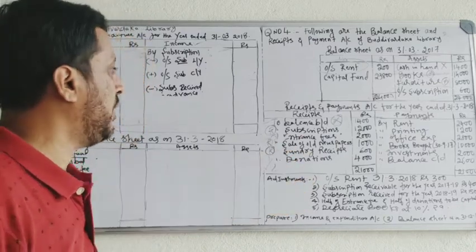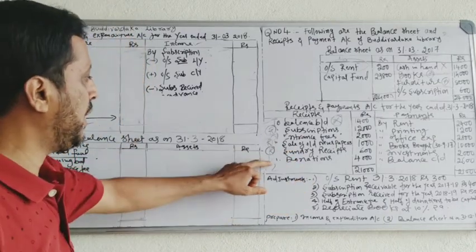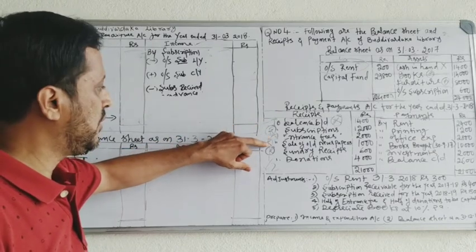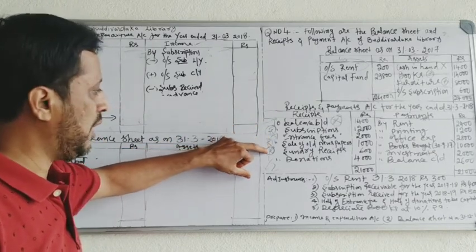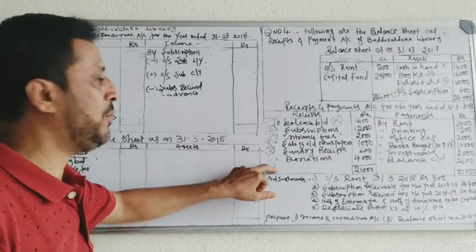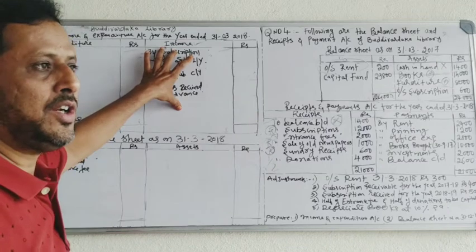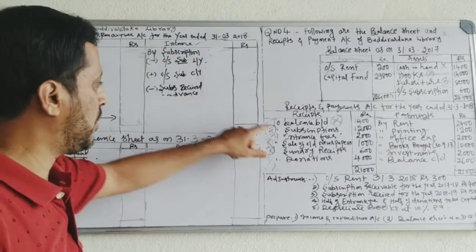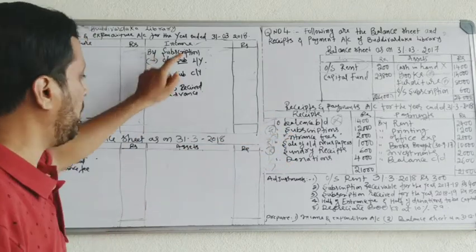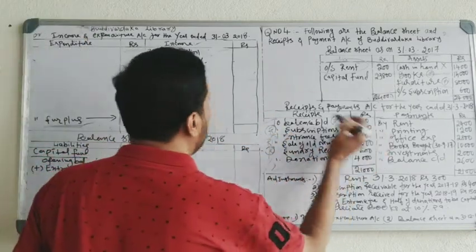Okay, let's see the items. Subscription is revenue, half entrance fee is revenue, sale of newspaper is revenue, sundry receipts are revenue, half donation is revenue. All revenue receipts you have to record on the credit side of the income and expenditure account. First we will take subscription. By subscription, how much is given? 12,000.